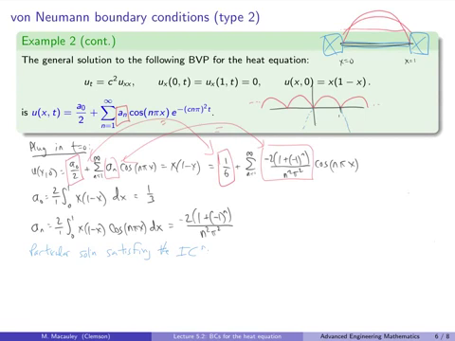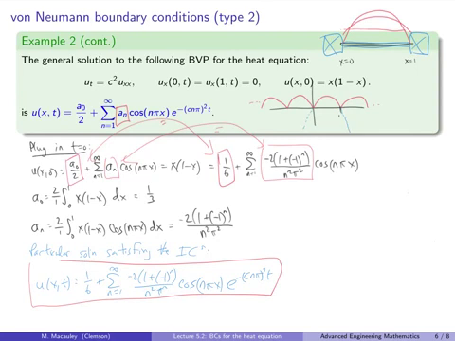I guess there's only one of them, and that's u of x t equals 1/6 plus the sum of this an times cosine of n pi x times e to the minus c n pi quantity squared times t. So that's our particular solution.